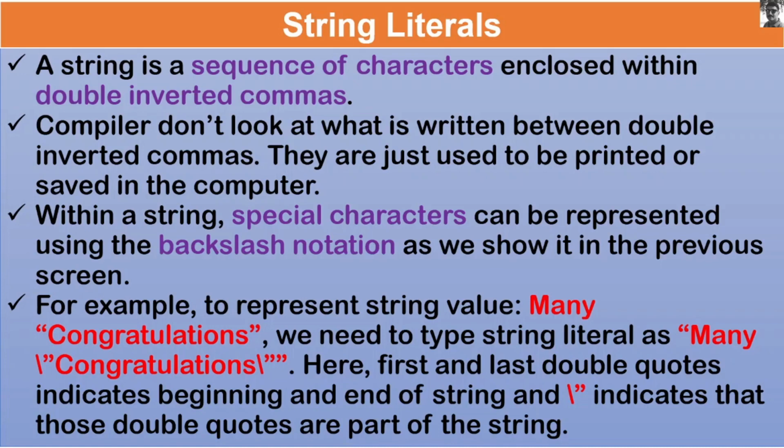We need to type the string literal as double inverted comma, many, backslash inverted comma, congratulations, backslash double inverted comma, and then double inverted comma to end. Here the first and last double inverted commas indicate the beginning and end of the string.